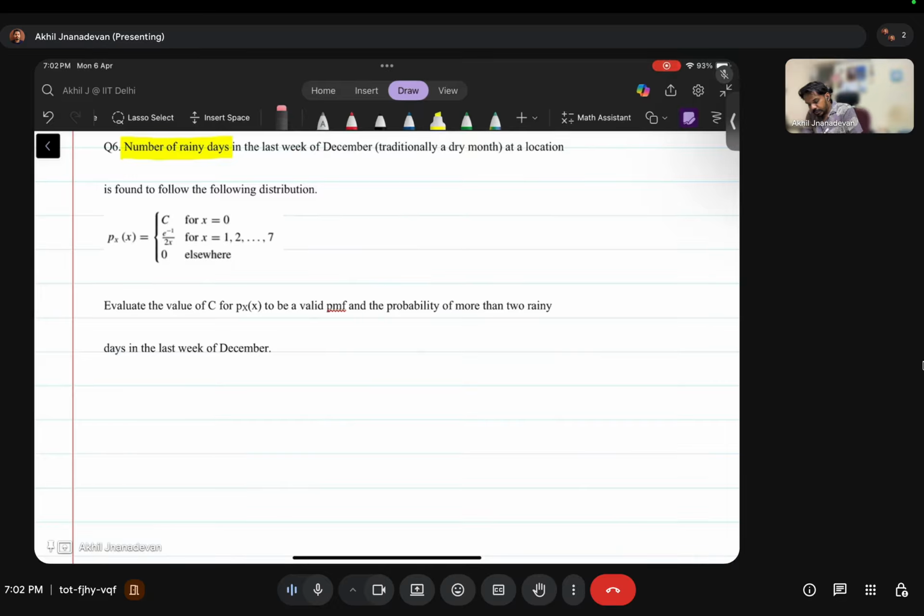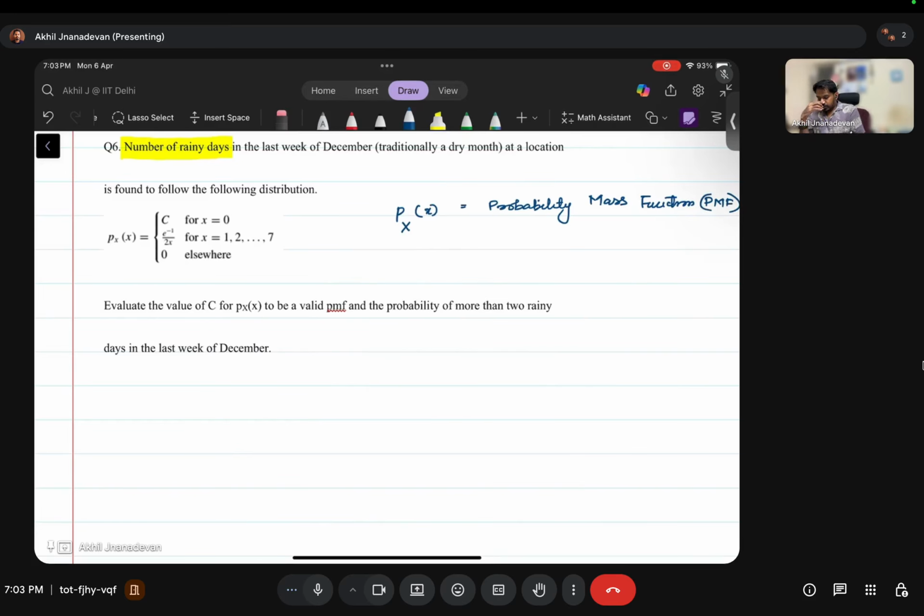How we represent it: probability is denoted by small p, the random variable we represent by capital X, and the values it can take we represent as small x. So this is the representation of the PMF, that is probability mass function.